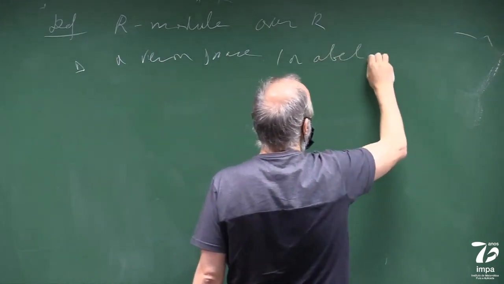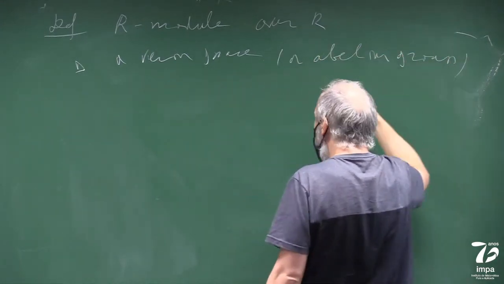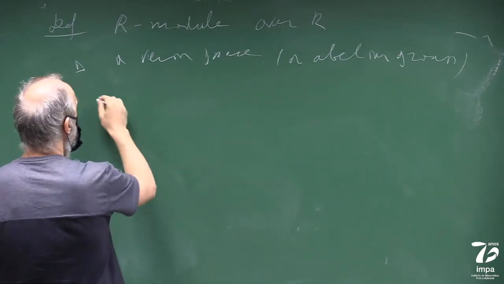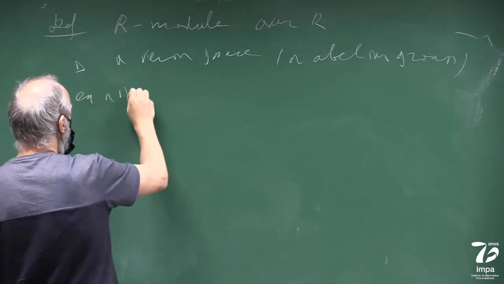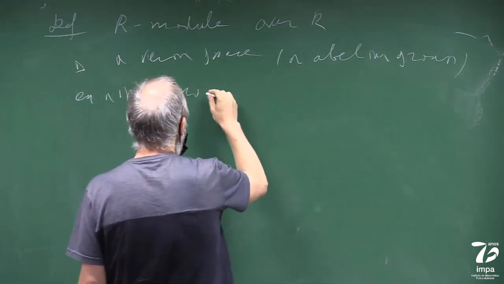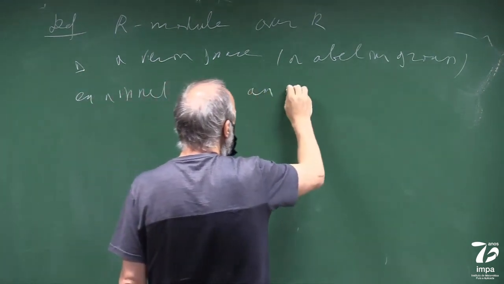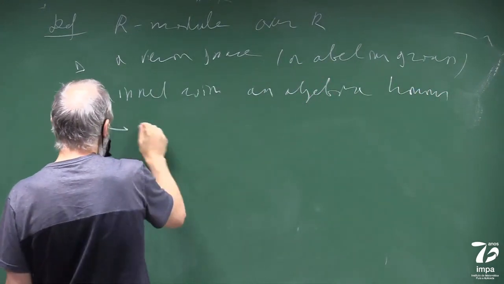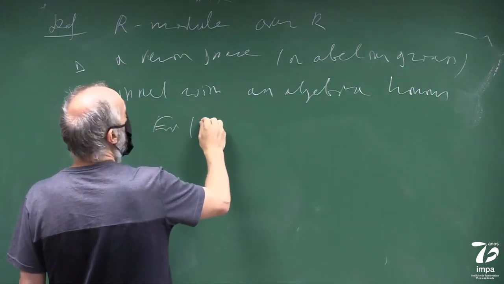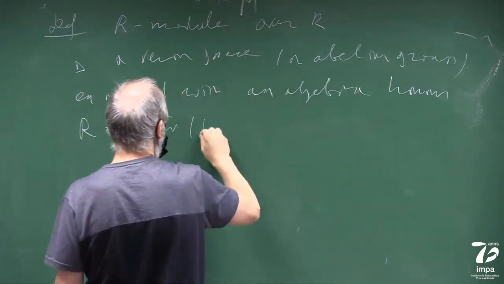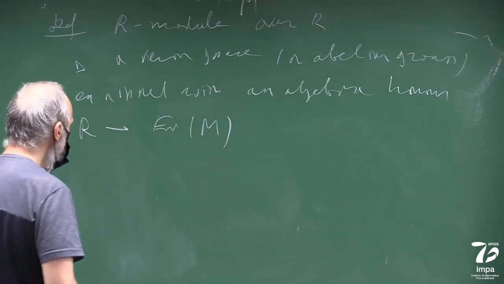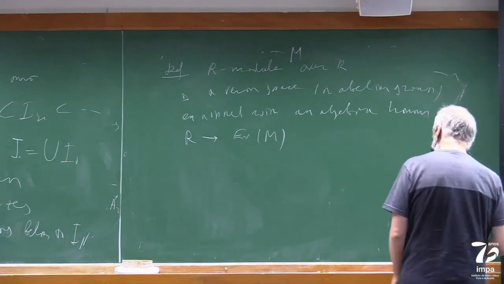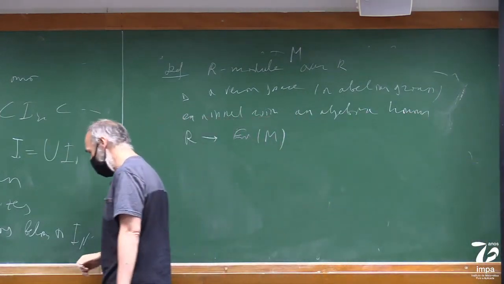It depends on whether your ring is over a field or just by itself, like the integers, equipped with an algebra homomorphism from R to endomorphisms of M. This is one of the possible definitions, but the idea is that modules over a ring are the same as vector spaces over a field.